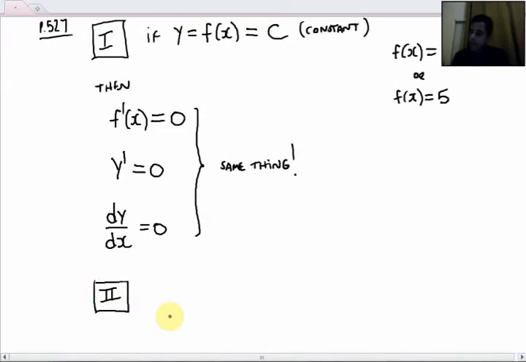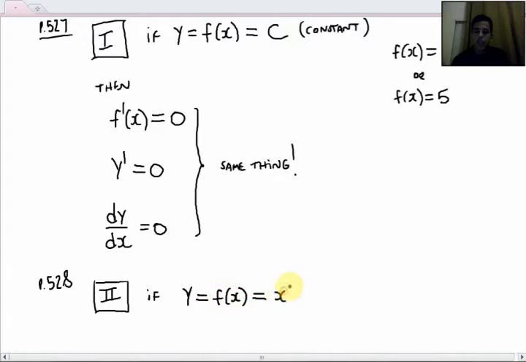Let's look at the second formula. It's called the power rule. It's on page 528. It simply says that if you have a function that looks like this, we put the y here. Sometimes you'll see y, sometimes you will see f of x. Both are the same thing.